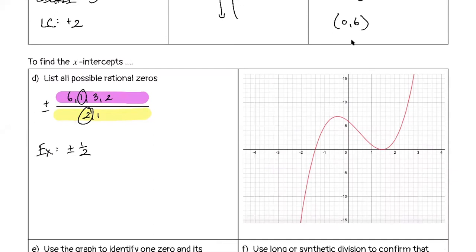No, it's not, right? Because our graph does not cross the x-axis at positive 1/2 or negative 1/2. But it looks like maybe positive or negative 3 could be another option. And I get that one two ways. I could do 6 divided by 2, or I could do 3 divided by 1. Is positive or negative 3 one of the zeros?